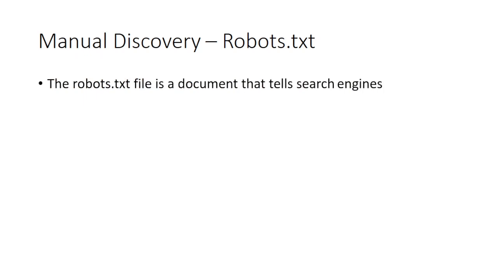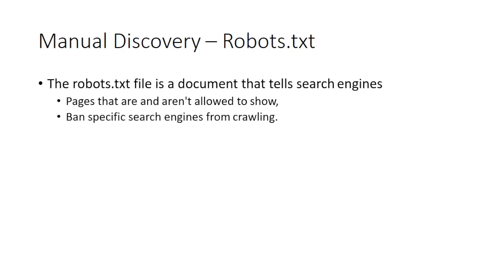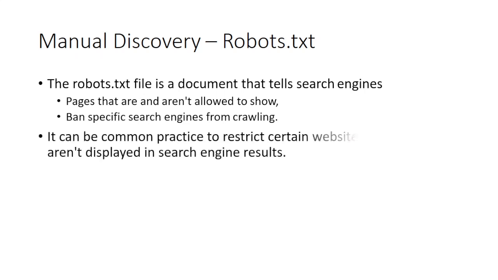The robots.txt file is a document that tells search engines which pages are and aren't allowed to show on their search engine results, or to ban specific search engines from crawling the website altogether. It's a common practice to restrict certain website areas so they aren't displayed in the search engine results.